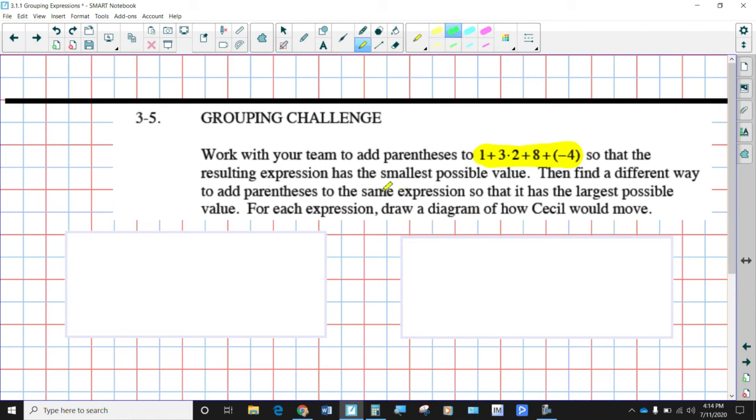Your task is to use parentheses in a way so that you're going to add parentheses to make the smallest possible value, and then you're going to do the exact same thing so that you can create the largest possible value, without changing any of these numbers or any of those operation symbols.